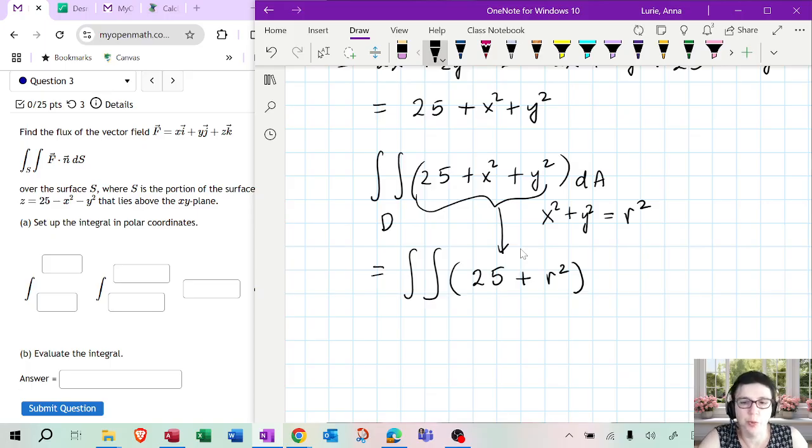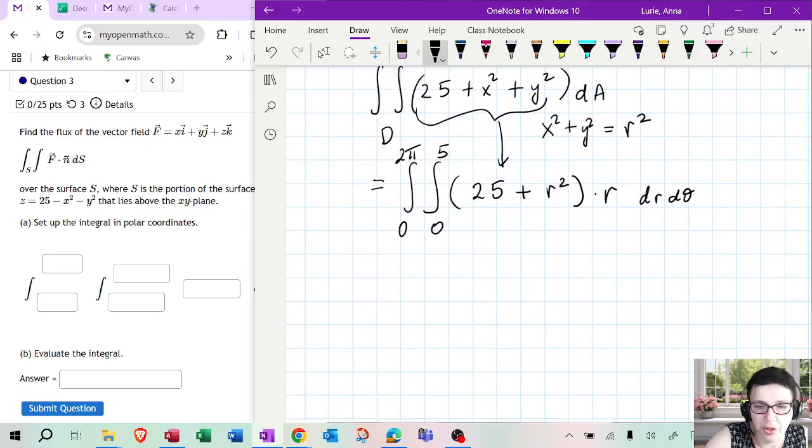Also, when you switch to polar coordinates, you need to multiply everything by what we call the Jacobian, which comes out of switching from rectangular to polar coordinates, and this is an extra r. Remember, the pirate says r, so don't forget to multiply by an extra r when you switch to polar. So this is dr d theta, and we set it up over the circle. So 0 to 2 pi for theta and 0 to 5 for r.